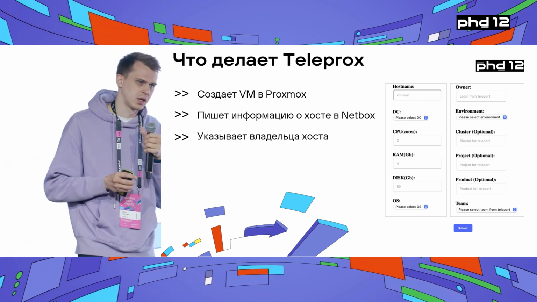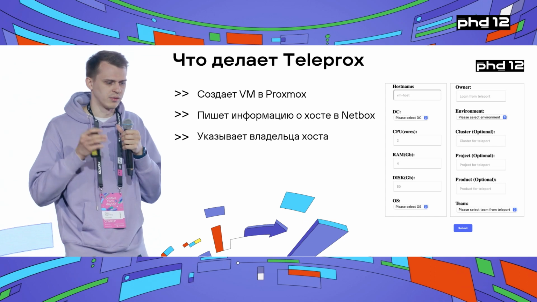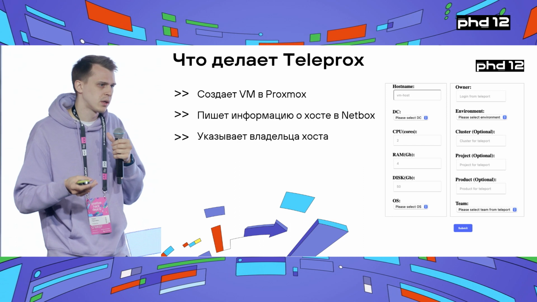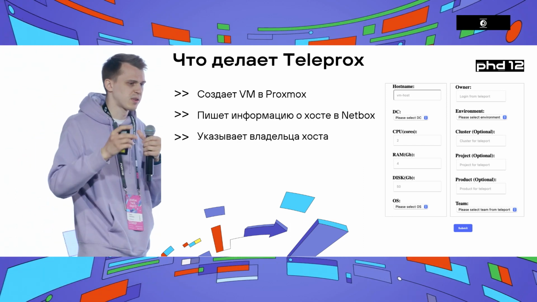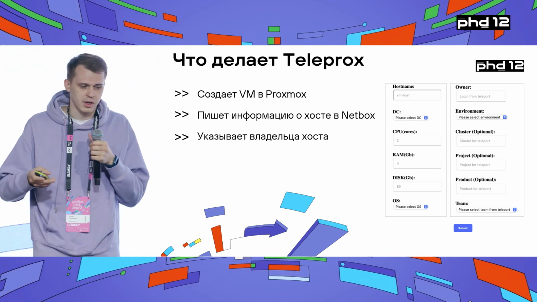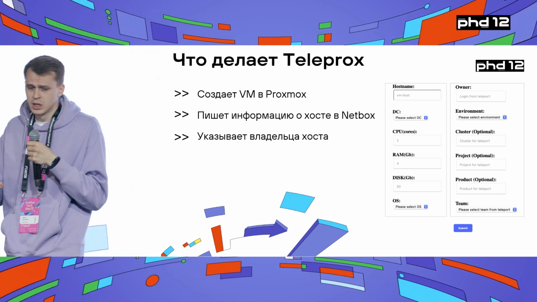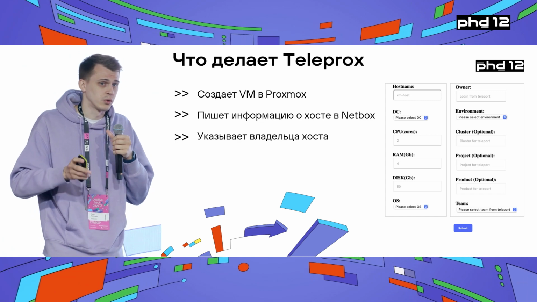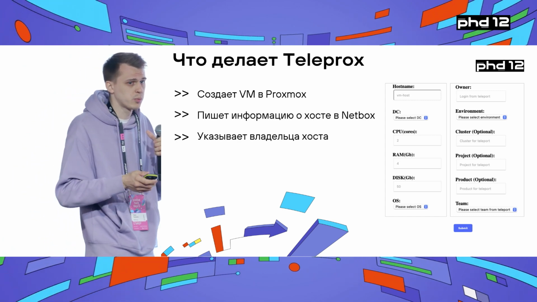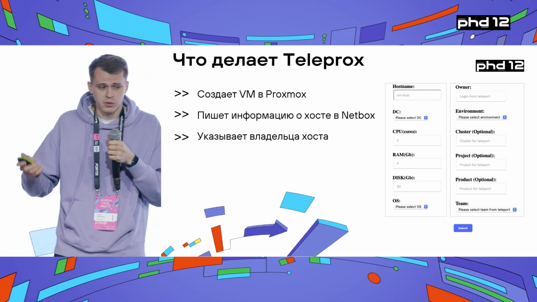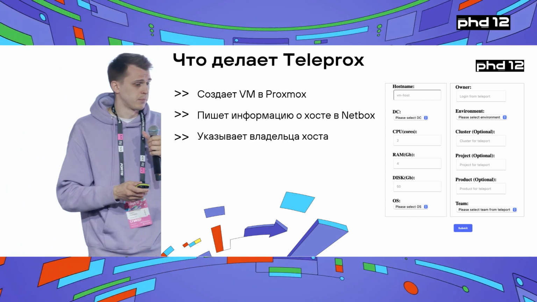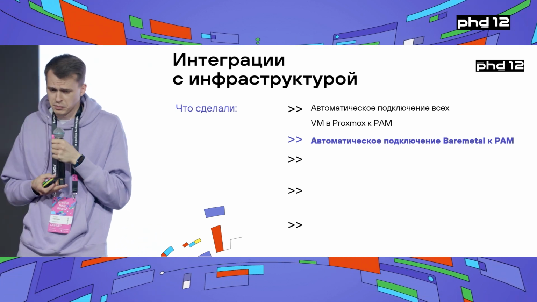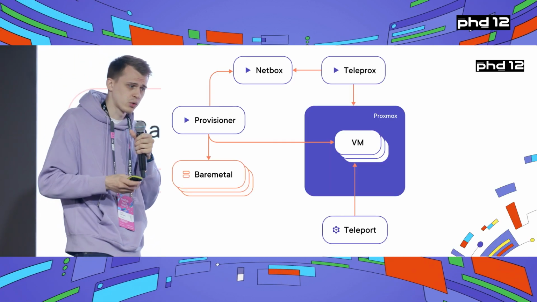It asks the user to set mandatory tags, the owner, the image you're going to use, and so on. Then it brings them to NetBox and creates virtual machines in the Proxmoxes. So you go to Teleprox, you order a machine, you say that you are the owner, and so on.